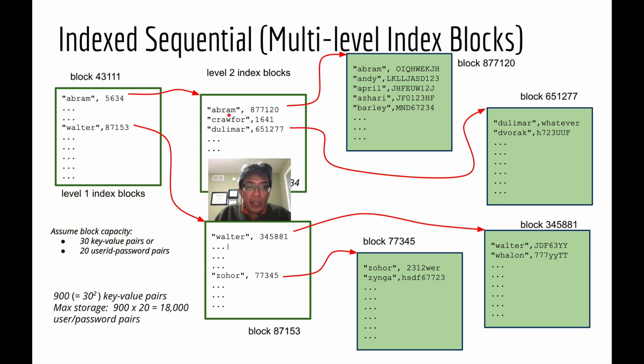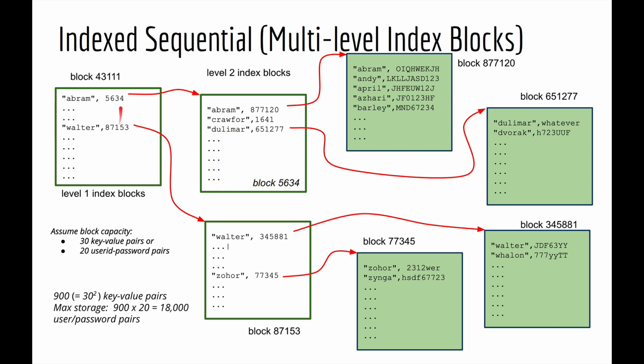The first two entries in the lower level index block show Abram and Crawford. This means that block 877120 holds our user ID between Abram and all the way but not including Crawford. So the last entry here should be the user ID immediately before Crawford.